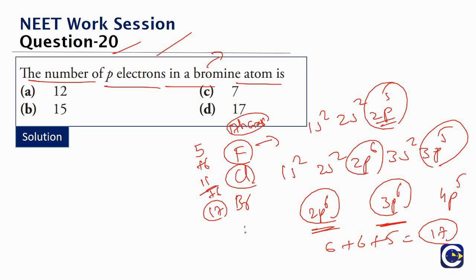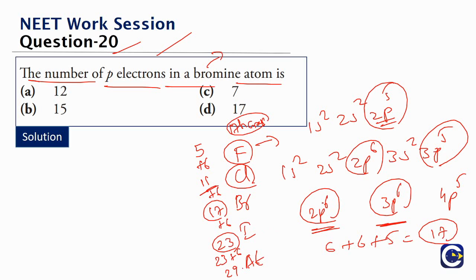Next, after bromine comes iodine. 17 plus 6, it will be what? 23. After iodine comes astatine. 23 plus 6, 29. So that is how, when we go one level below, we will be adding one more p subshell, so we will be adding plus 6 each time.